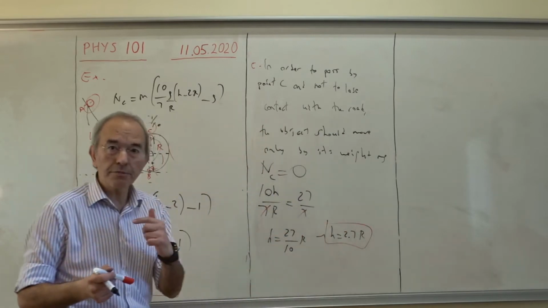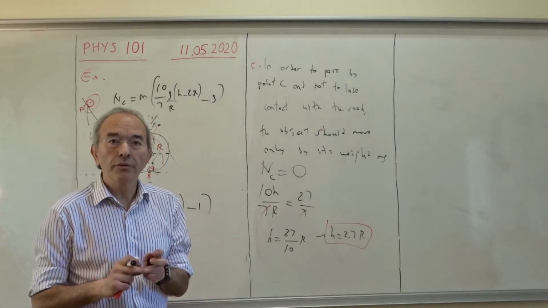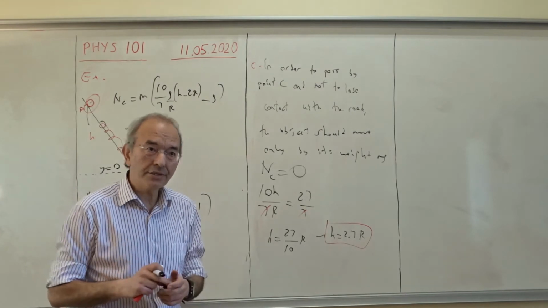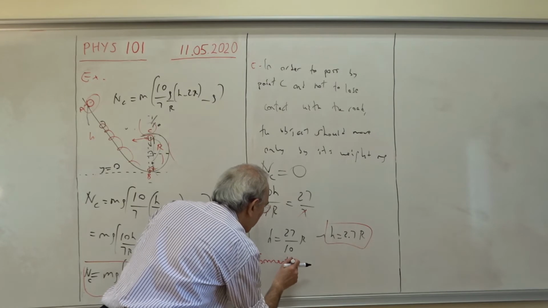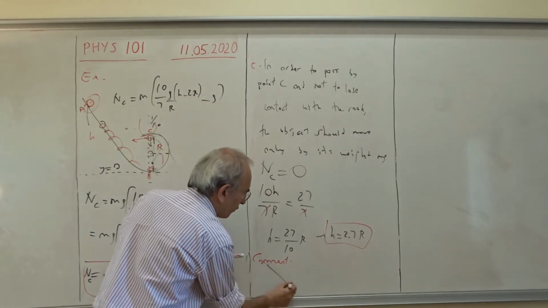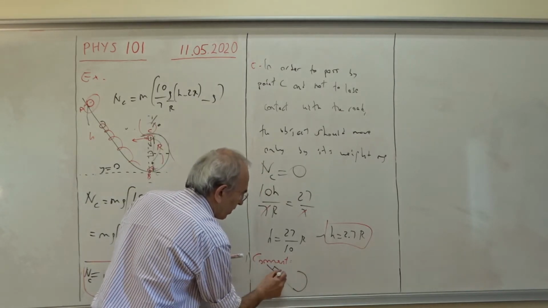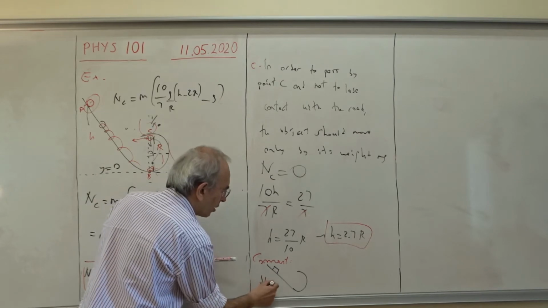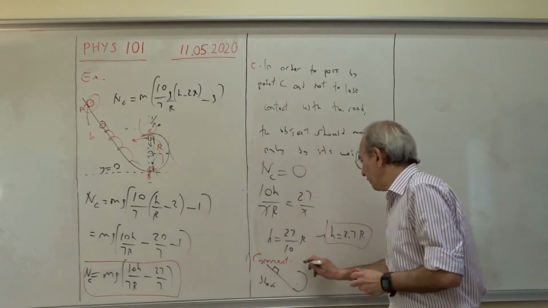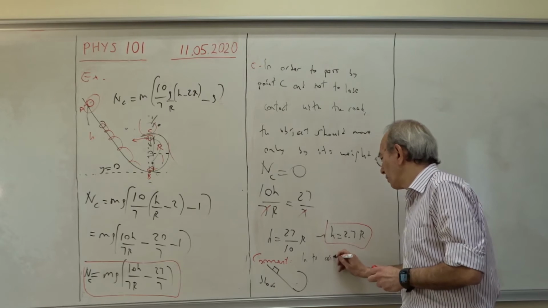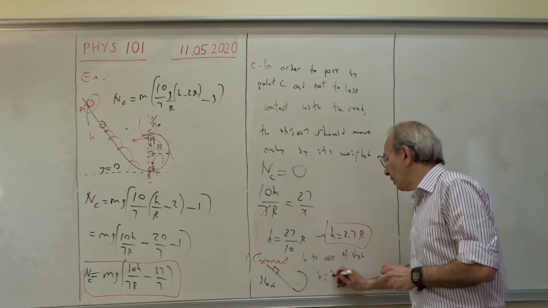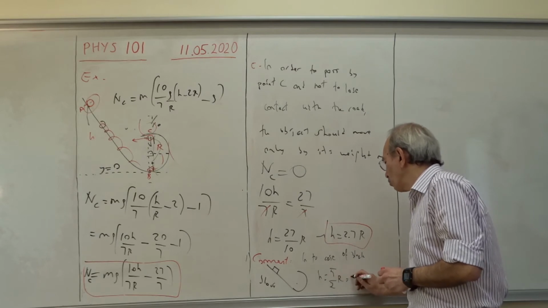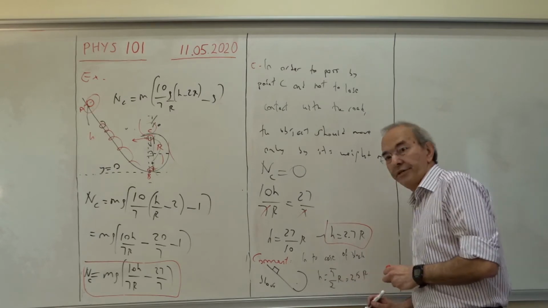However, if you remember the previous problem where we had a block sliding down, in the case of a block, h turned out to be, remember, 5 over 2 r, or 2.5r.